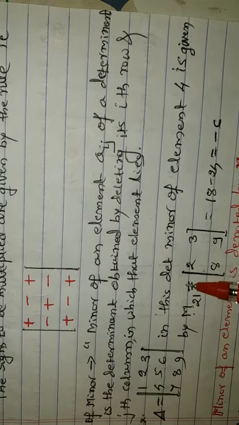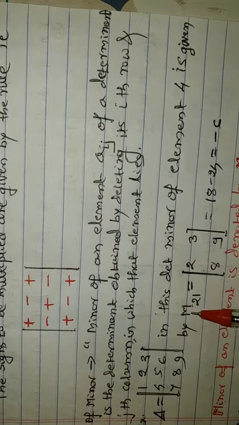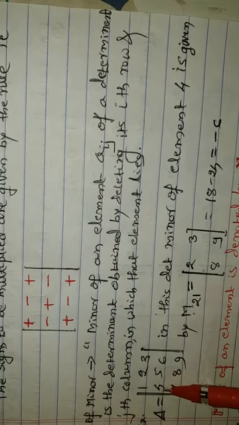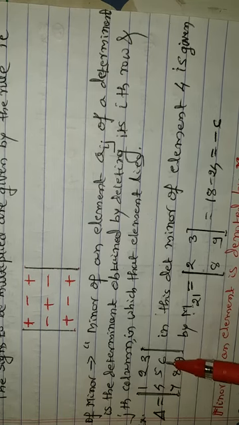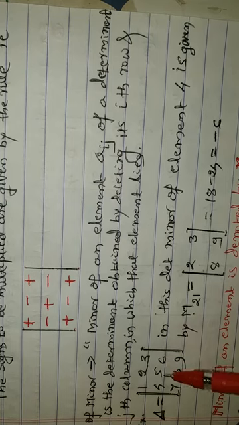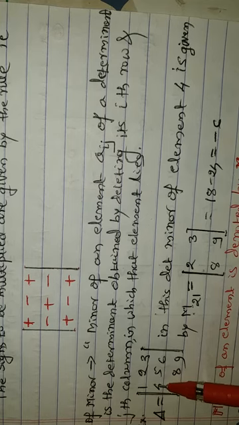The element 4 is in the position of a21, so here M21 belongs to the element 4.